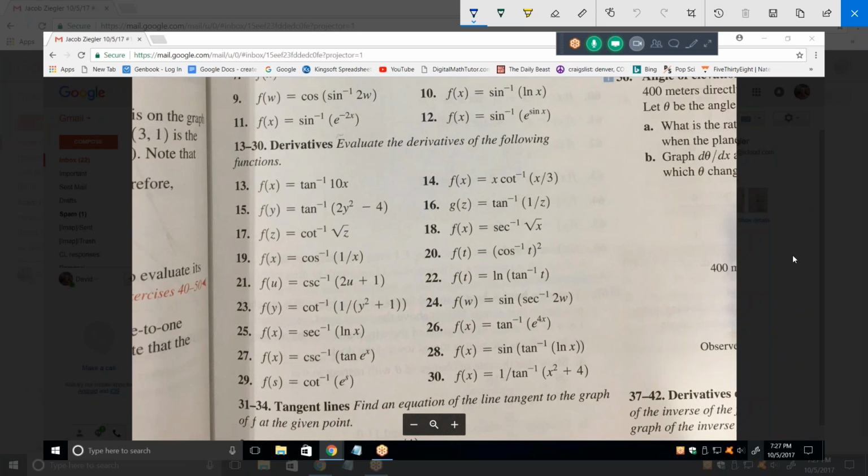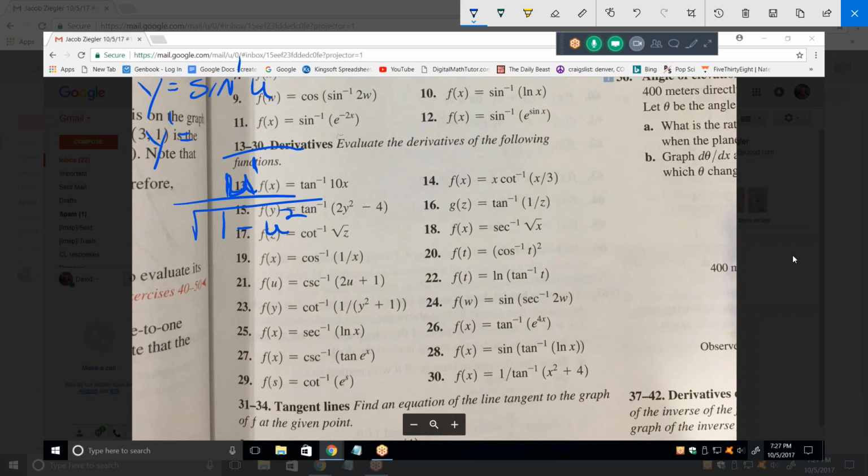If y is inverse sine of u, what is y prime? It would be 1 over the square root of 1 minus u squared times u prime, the derivative of the inside.